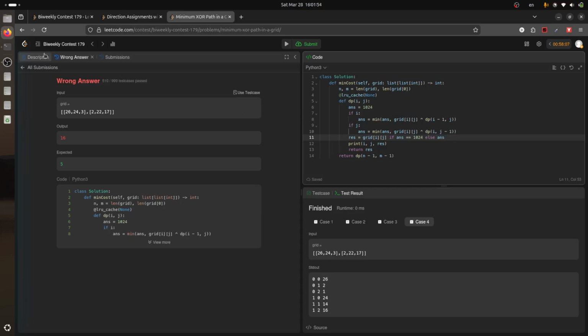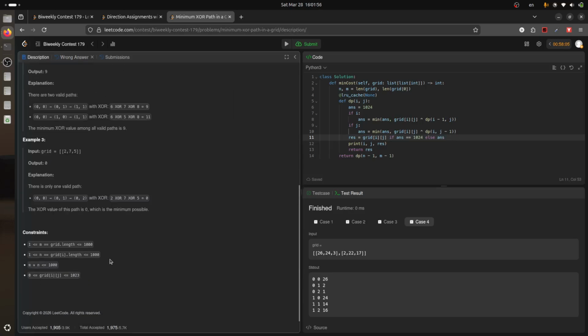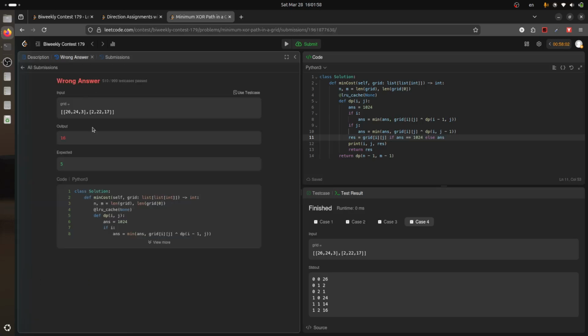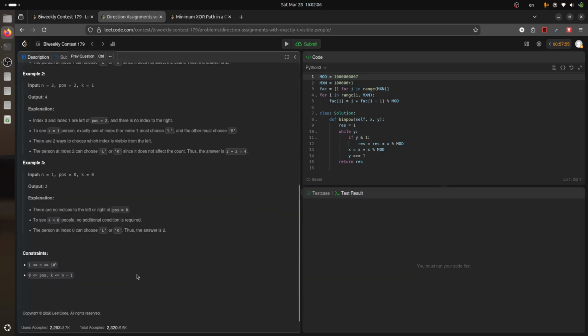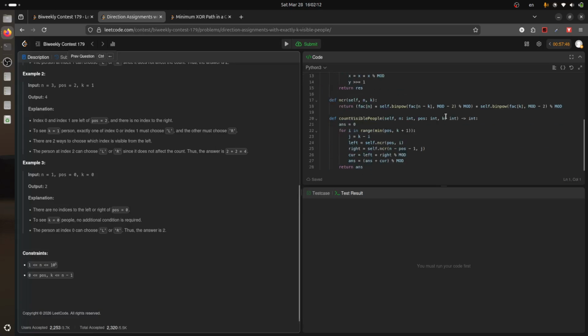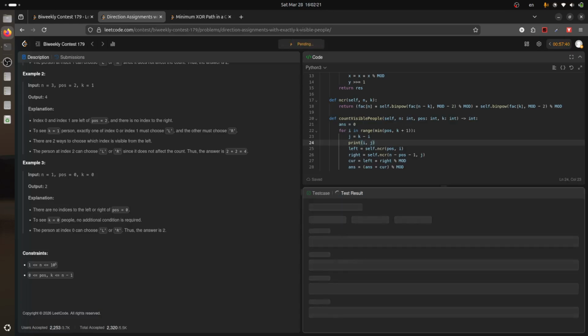I mean, it's millions, so you somehow have to be linear. Direction assignments with exactly k people. Not sure how to try all these, to be honest. So wait, print i, j, so print to the left this many, to the right this many.